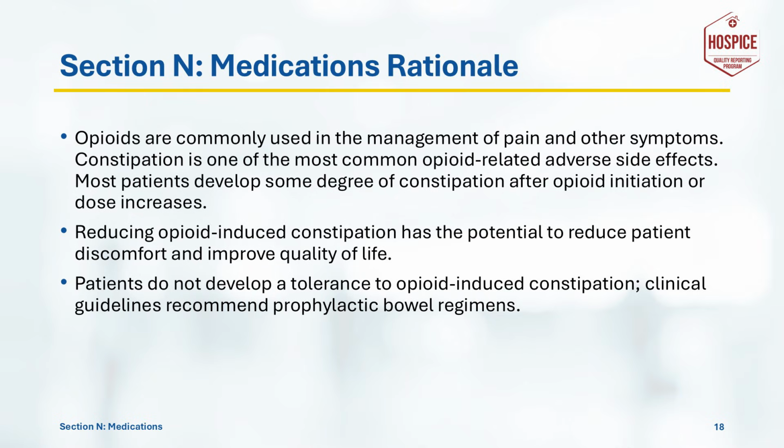Most patients will develop some degree of constipation when they start opioids and when opioid dosages increase. If hospices can work to reduce opioid-induced constipation, it has the potential to reduce patient discomfort and improve their quality of life. Note that patients do not develop a tolerance to opioid-induced constipation, and clinical guidelines recommend prophylactic bowel regimens.